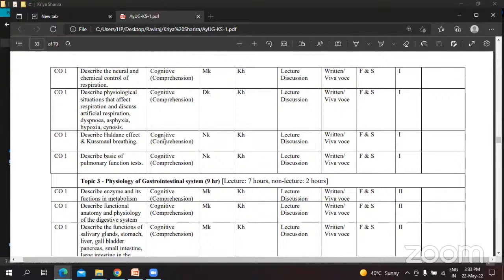If you consider yourself an above average student, then we expect you to know the things which are in the desire to know category. But if you think that you are excellent, you are super intelligent, then we expect you to know the things mentioned in the nice to know category also. Understood?